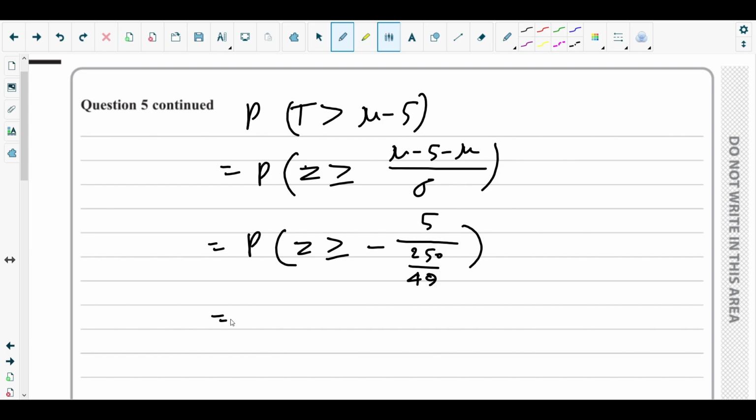Negative 5 over 250 over 49 would give you negative 49 over 50. So we need the probability of z greater than or equal to negative 49 over 50.